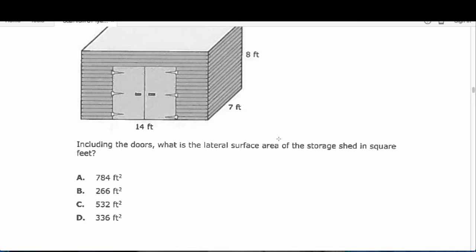A. 784 feet squared. B. 266 feet squared. C. 532 feet squared. D. 336 feet squared.